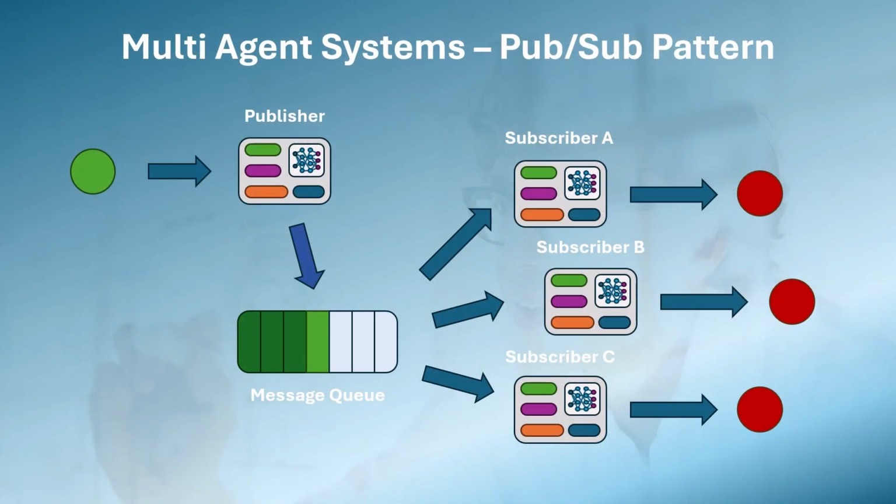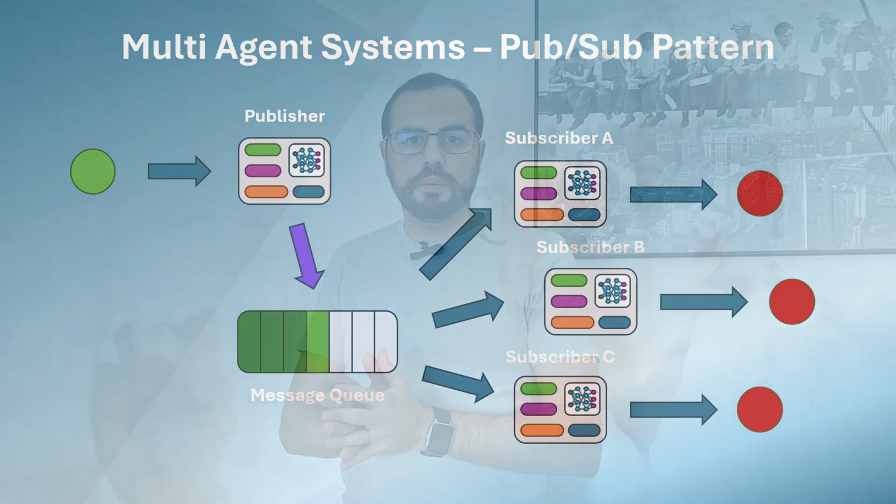In this case, what the publisher does is simply grab information and put it somewhere available for everyone. So the publisher doesn't need to know which subscribers exist. He just needs to know how to summarize or organize the incoming information in a certain way to be put on that list.